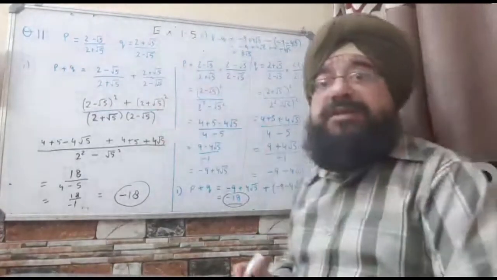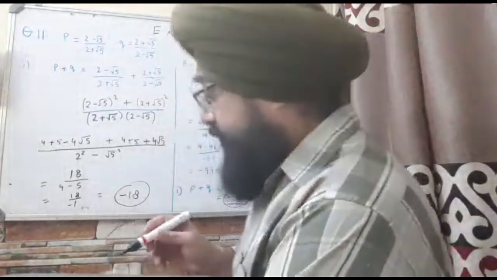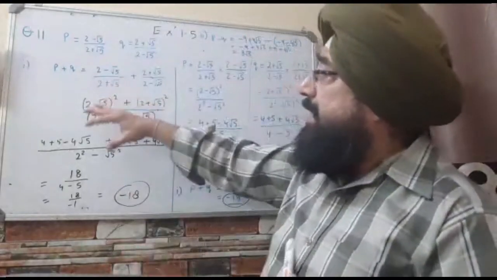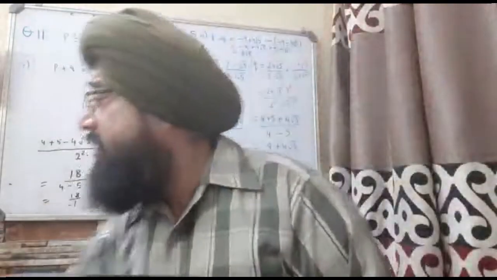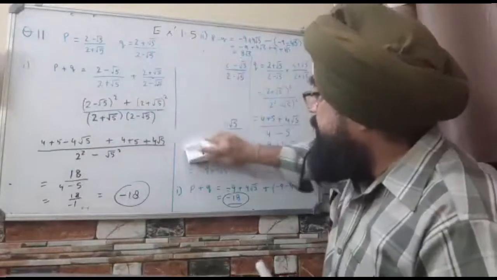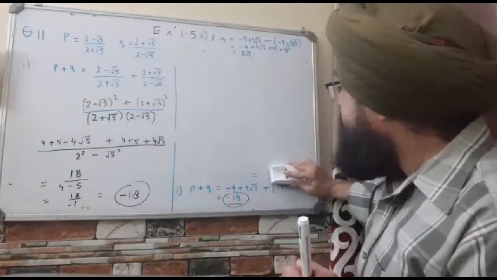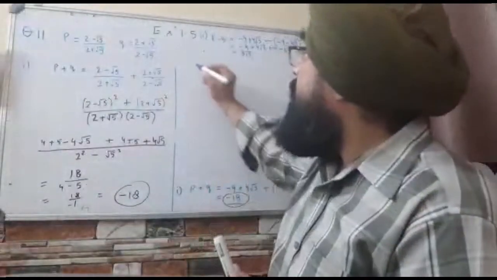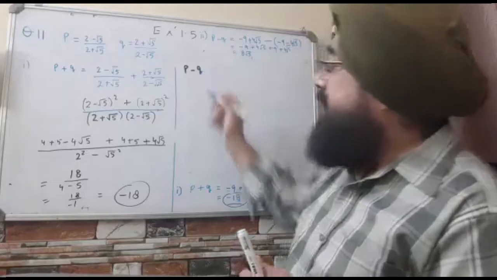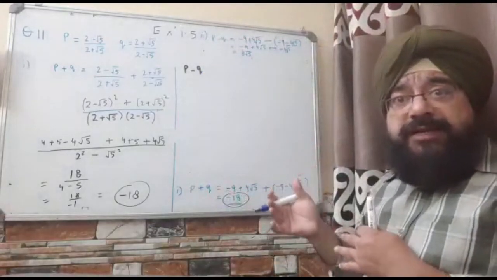Just give me 2 more minutes. But this has a drawback. If I need to find P plus Q now, and P minus Q now, then I have to start from scratch, from the beginning.